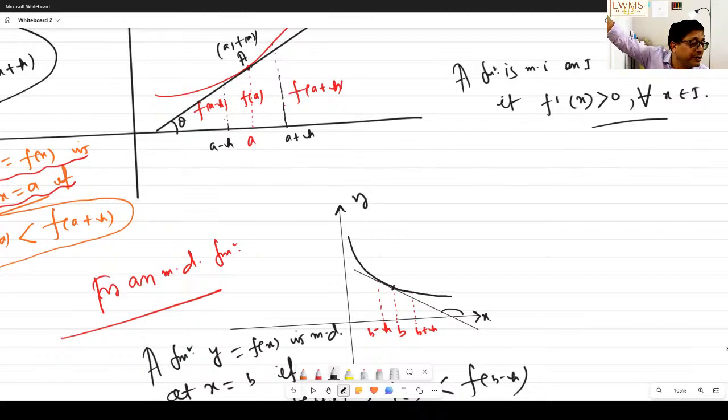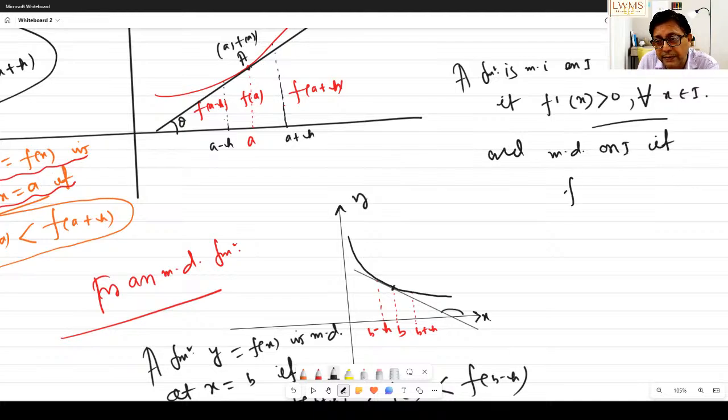Over the whole interval it will be increasing or decreasing. A function is MI on I if f dash x is greater than 0 and MD on I if f dash x is less than 0 for all x belongs to I.